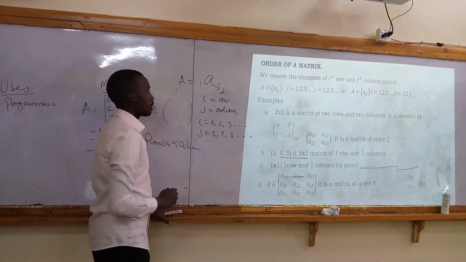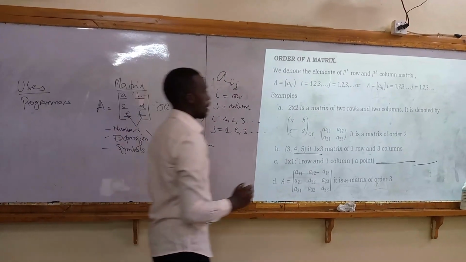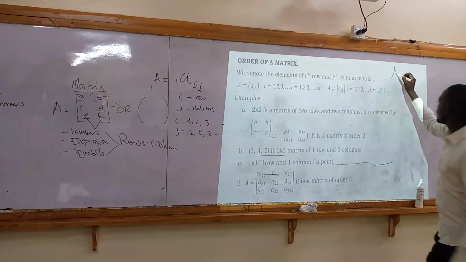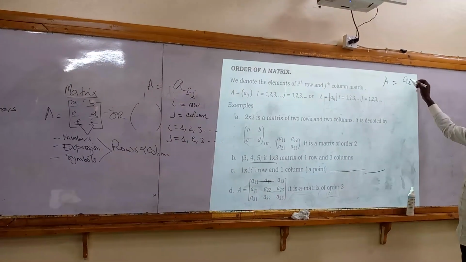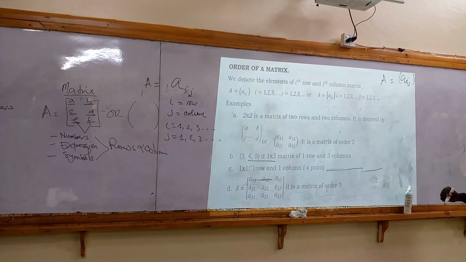We represent our matrix A equals a_ij using this bracket.